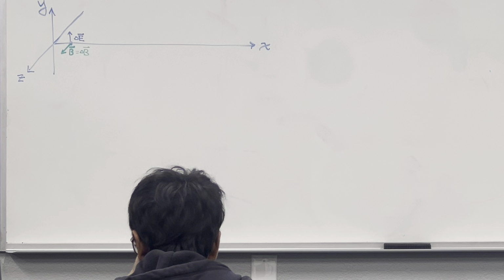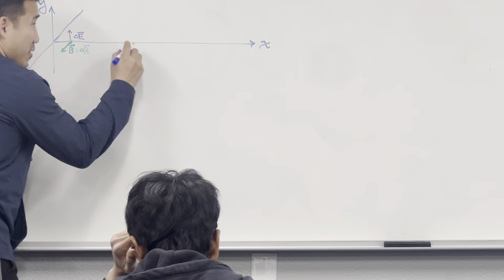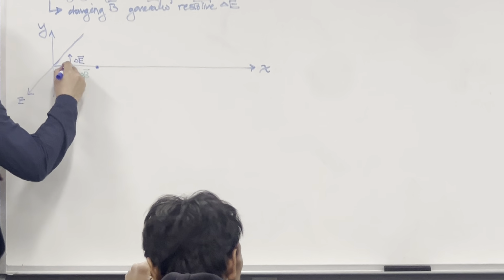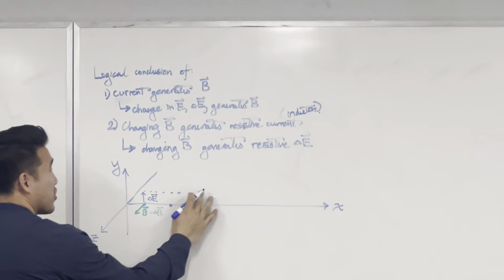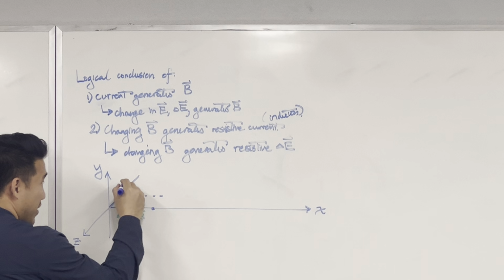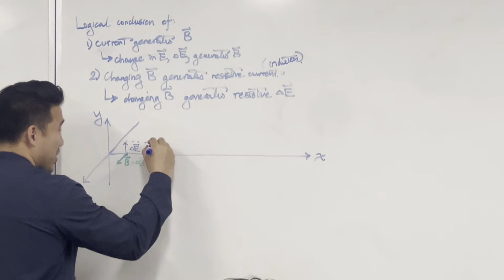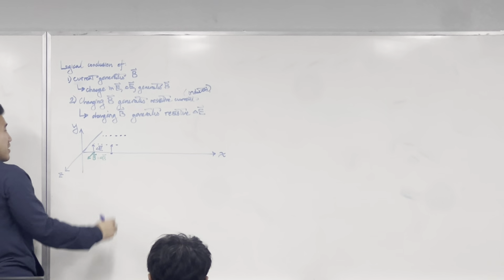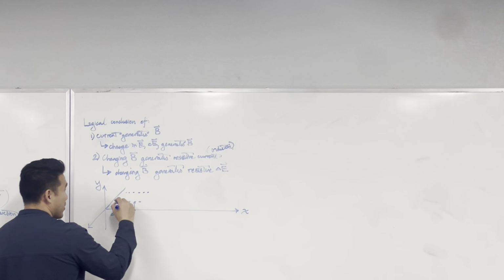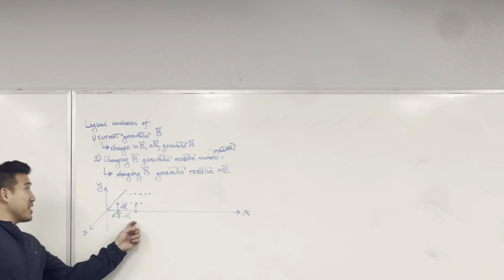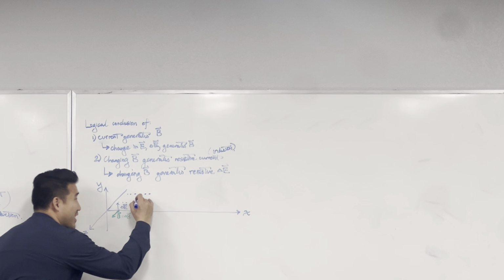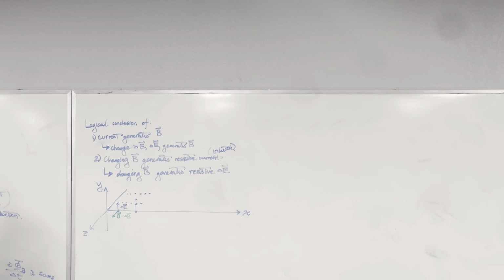So at a later point in space, this delta E, instead of continuing to shoot up to twice its height, so originally if we were to add this on top, we'll call it twice that, this delta B is going to make sure that this delta E doesn't go up as high. It's going to go up slightly smaller.